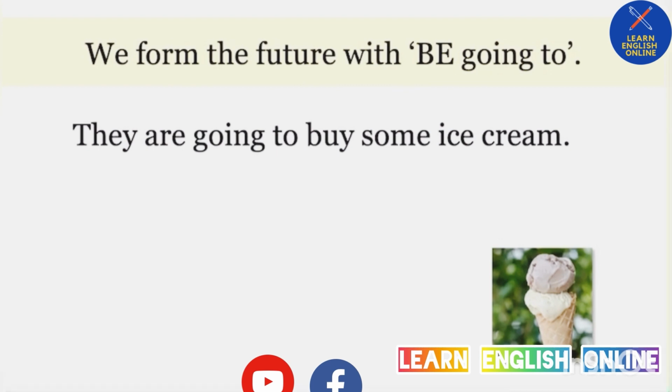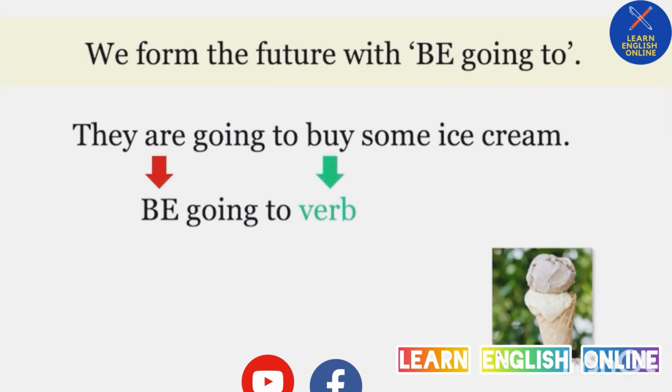We form the future with be going to. They are going to buy some ice cream. Are is be, then we have going to, and buy is the verb. And buy doesn't change, it stays in its simple form. They are going to buy some ice cream.